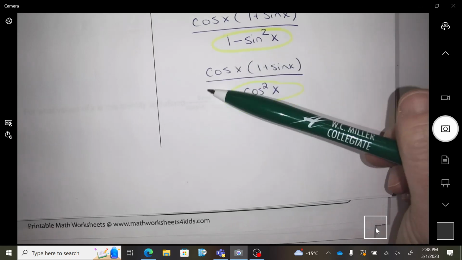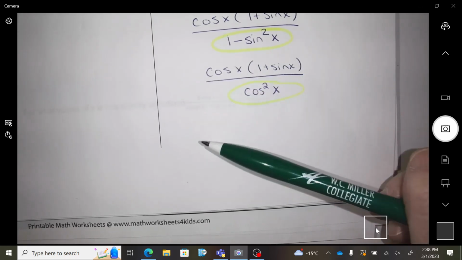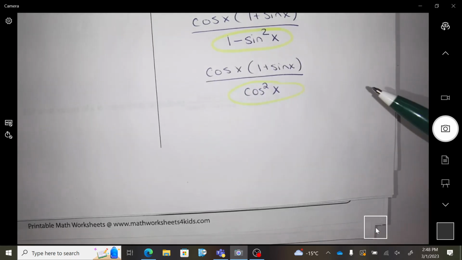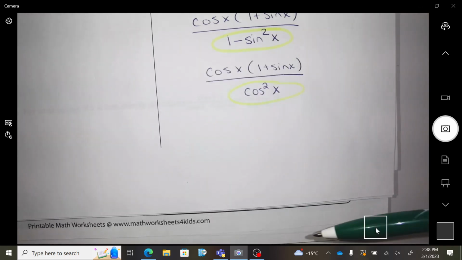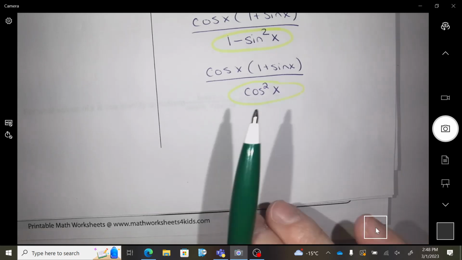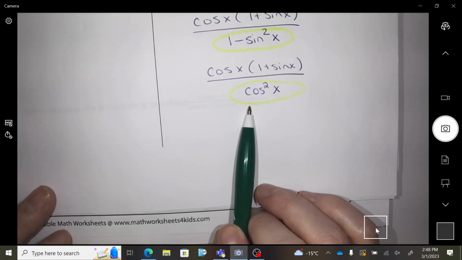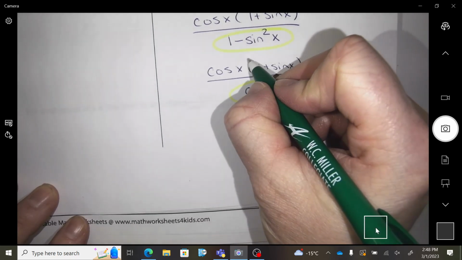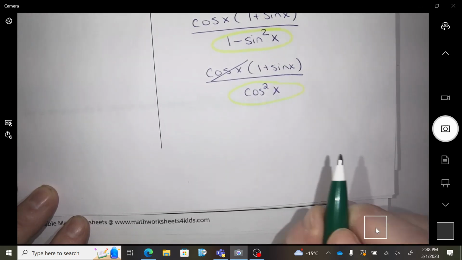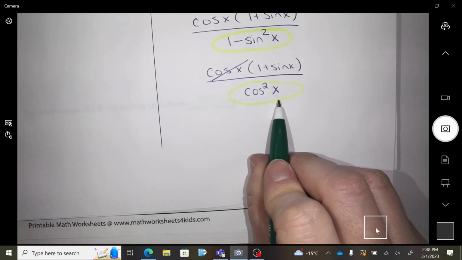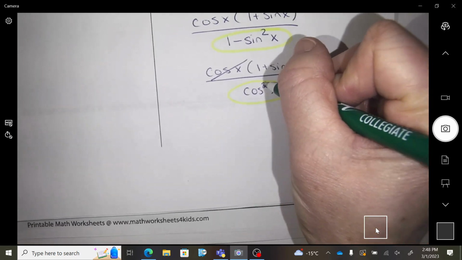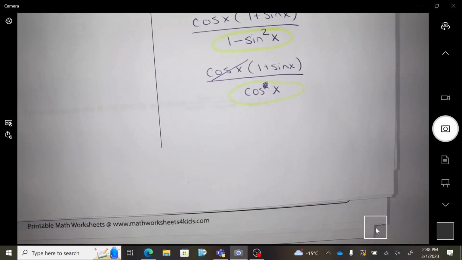See anything? Cancellations of anything? Anything cancel? Yep. The little cos and the little other cos. I can go cos out. So if I take a cos out, this would be gone. And if I take a cos out of a cos squared, are you okay if I just scratch off the 2?